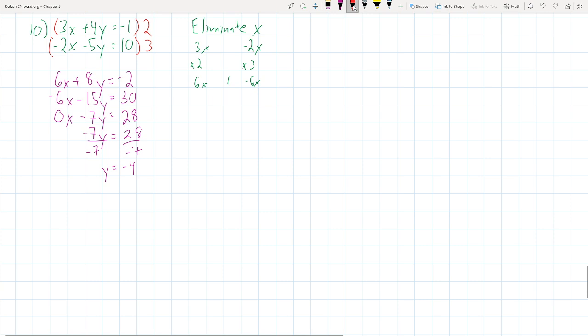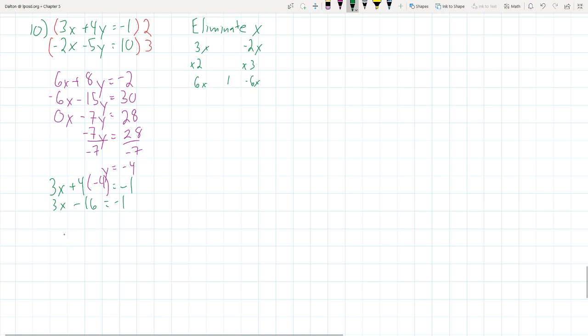Now I'm going to plug that into an original equation. So I'm going to choose the top one. No particular reason, just because I feel like it. 3x plus 4 times negative 4 equals negative 1. So I get 3x minus 16 equals negative 1.